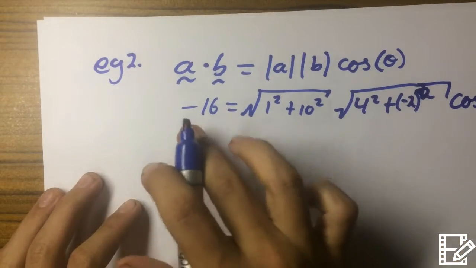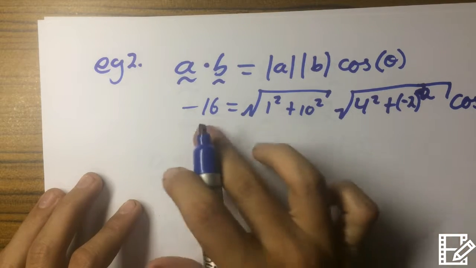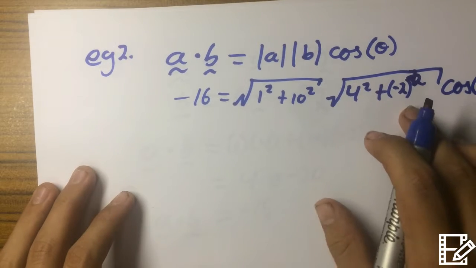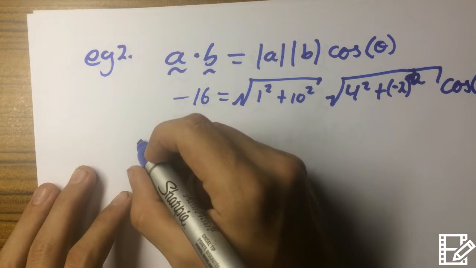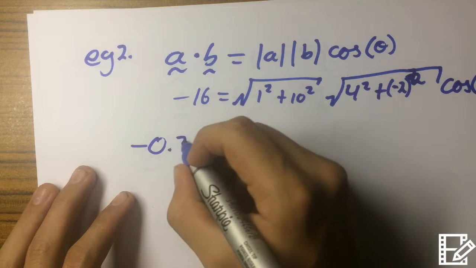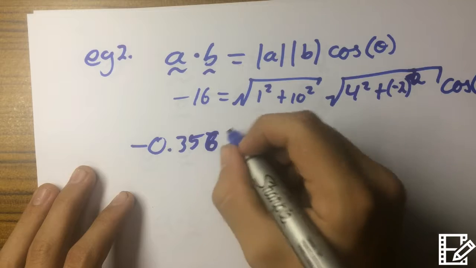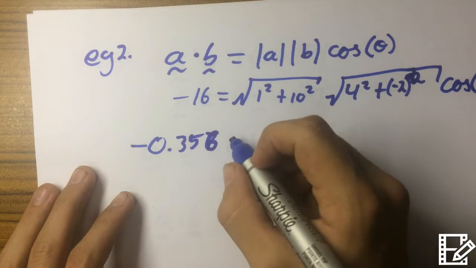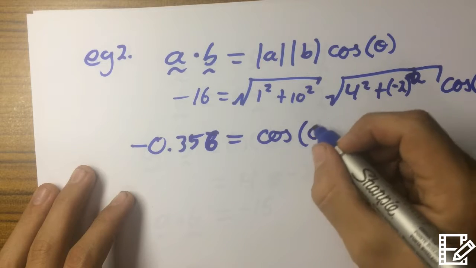Now, what we're going to do is divide negative 16 by the magnitude of a, and then divide that value by the magnitude of b. And what we'll end up with is negative 0.356, which will then just equal cos theta.